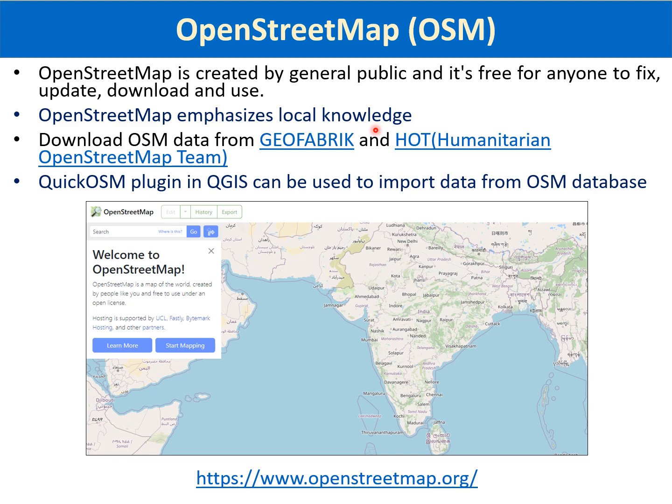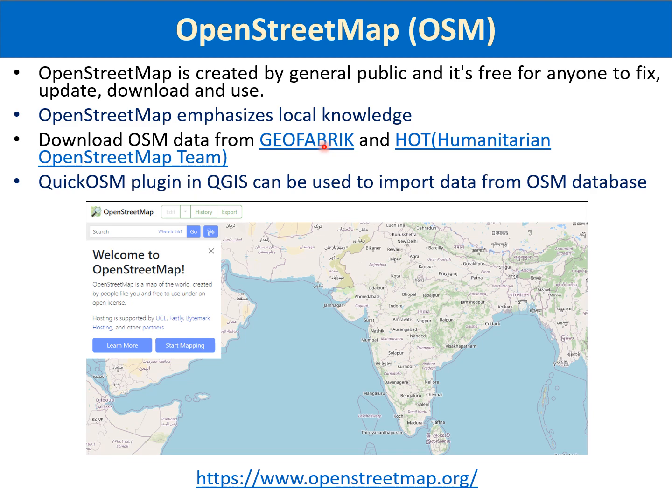At some locations you may not be able to find the data because there may not be any user who has created the data from that particular area. The data can be downloaded from portals such as GeoFabric and the Humanitarian OpenStreetMap Team. GeoFabric is a German-based company.